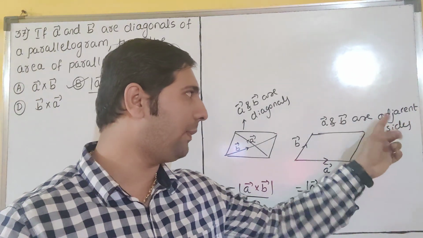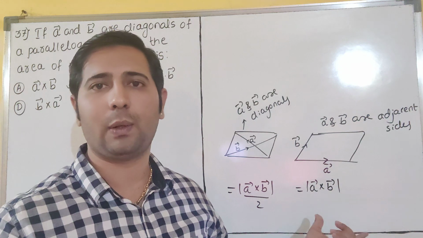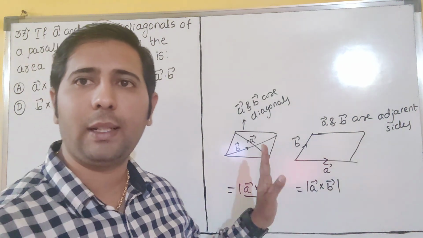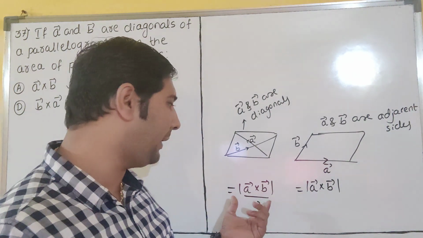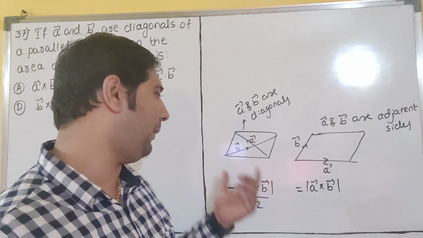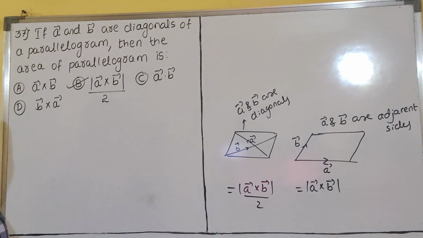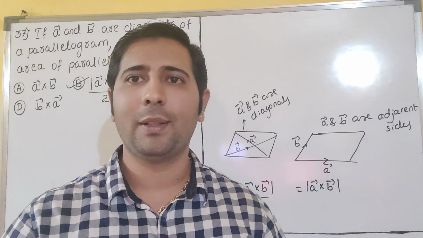If adjacent sides are there, then this formula. I hope it is clear, because basically in our theory we learn this, so you may not have seen it much, dear students. If you have seen it, no problem. So our answer will go for option B, dear students. I hope you understood it clearly.